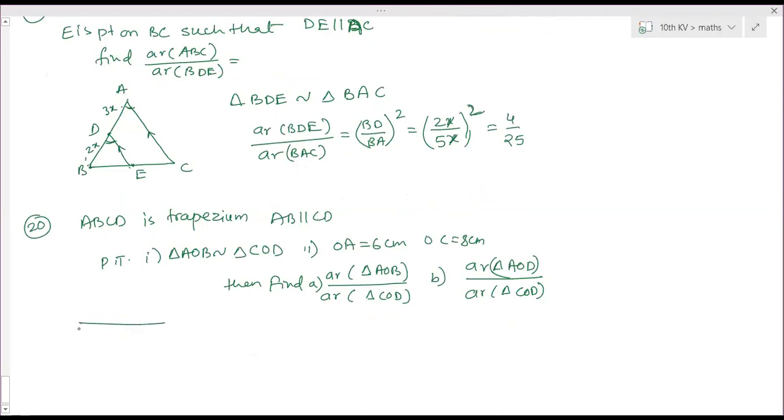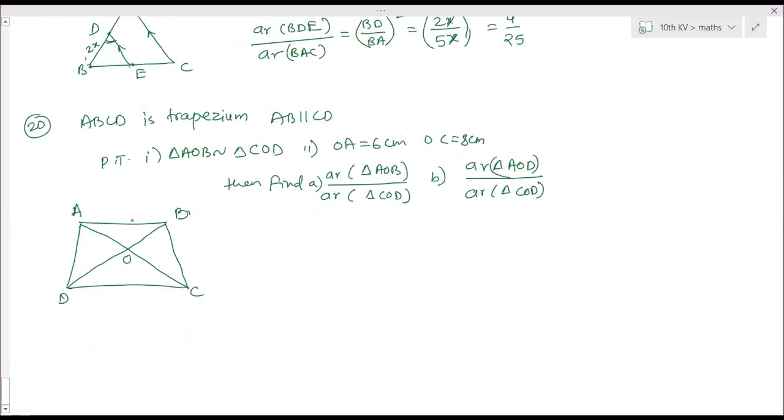Let's go to the trapezium ABCD. Diagonals intersect each other at point O. We have to prove, so this line is parallel to this line, AB is parallel to CD, that AOB and COD are similar.